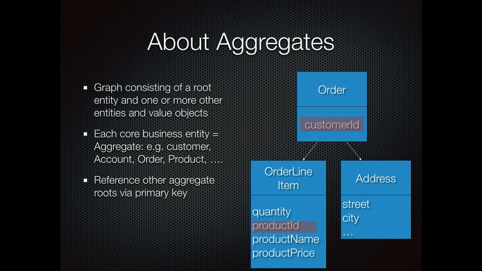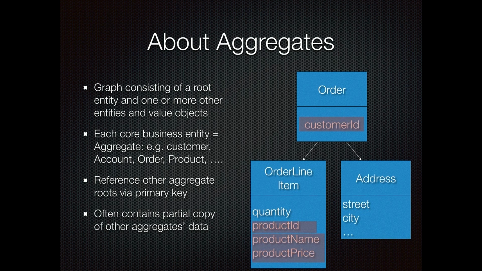But the rule with aggregates is that you can only have the primary key. So in this example, we have the customer ID. Likewise, an order line item references the product by its product ID. And later on, you're going to see why that is such a profound change that's really essential to writing domain logic in a microservice application.